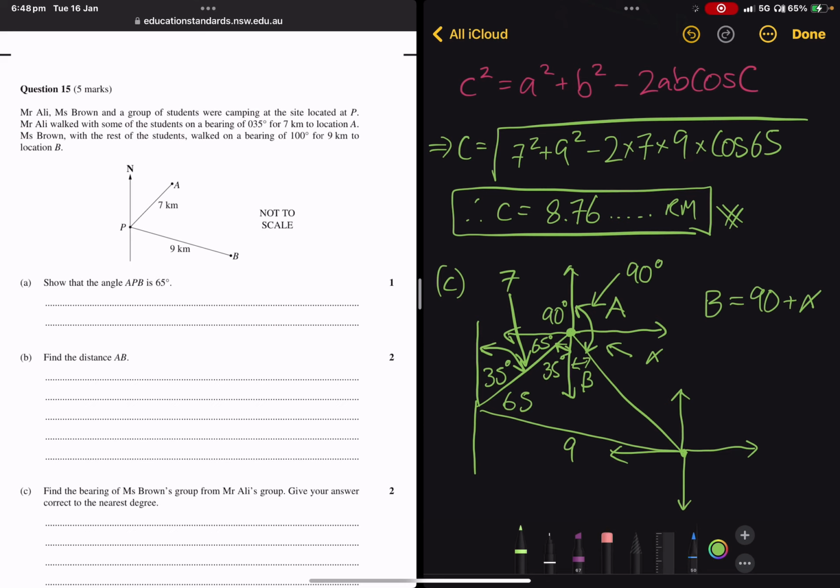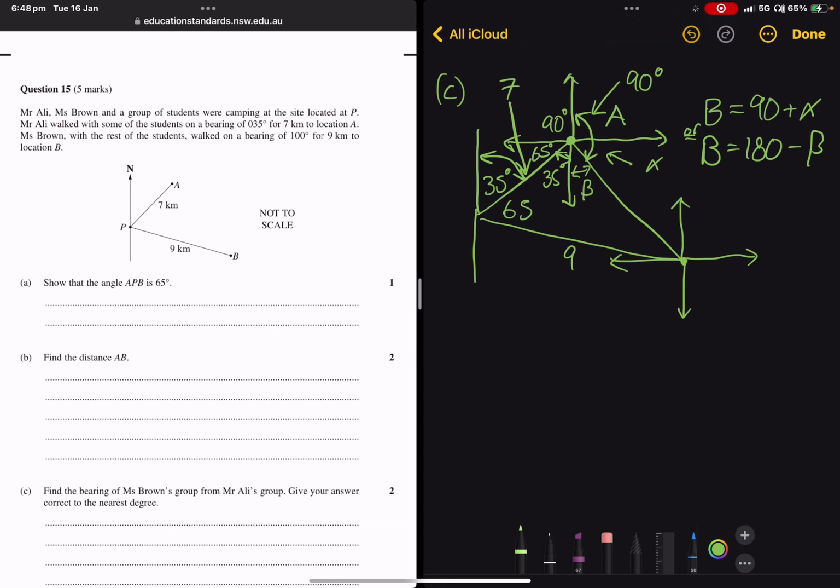Because we know this is 90 degrees, we can think of the bearing as 90 plus alpha, or as 180 minus beta. Alpha plus beta is 90, so if you have one of them you can always find the other. In a question like this you can do it either way. Sometimes one of the ways will be better than the other.